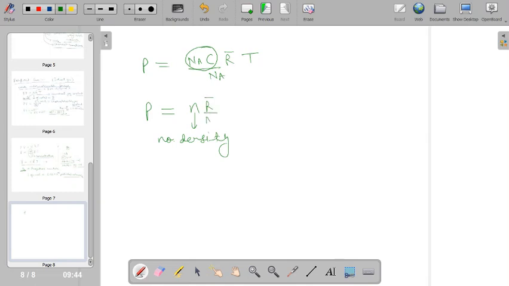And here I will be getting R bar by Na, and T. What is R bar by Na? Have you heard of any parameter K? What is this K? Boltzmann constant.